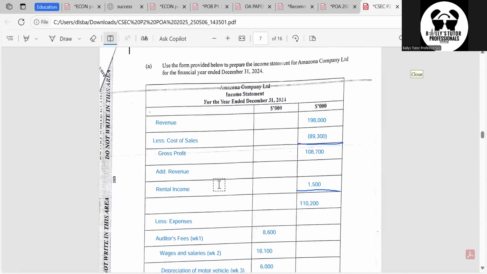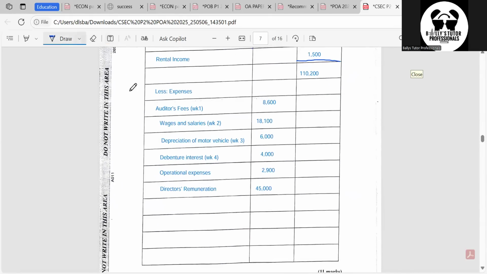Make sure I put the right thing right. So I'm gonna add this up. Got my total expenses. And that would be 84,600. And I'm gonna subtract that from my 110,200.